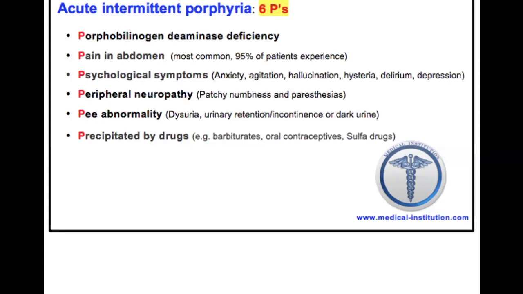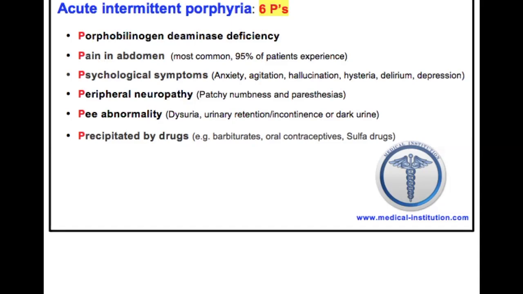Always remember this: the most common manifestation, which occurs in about 90 to 95% of patients, is actually abdominal pain. There's also psychological symptoms, which include hallucinations, depression, delirium, hysteria, as well as agitation.